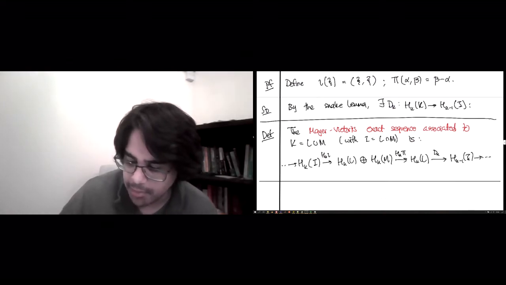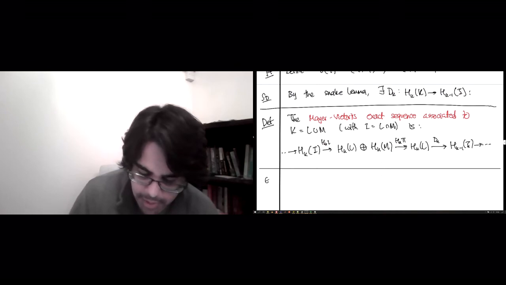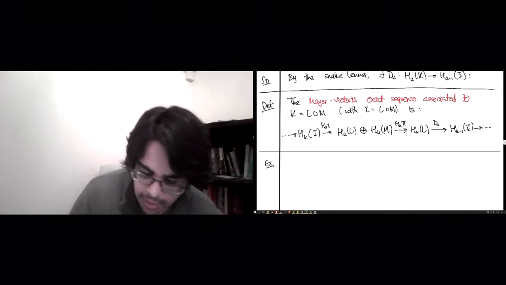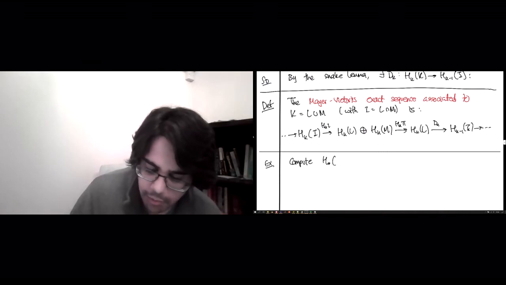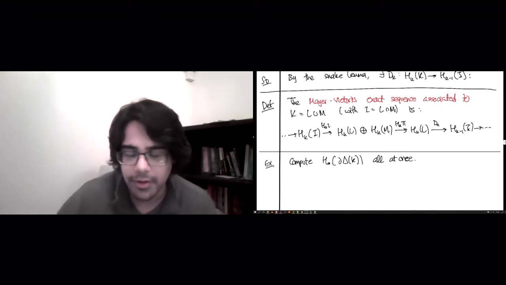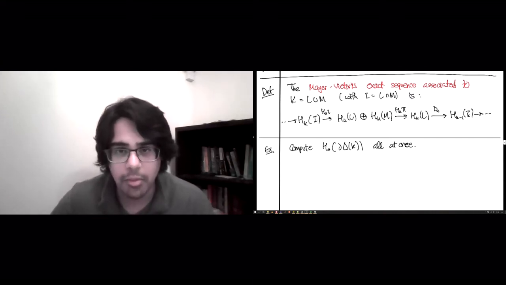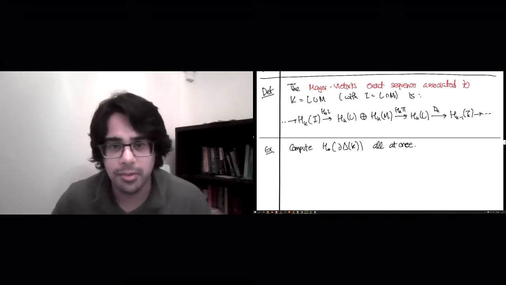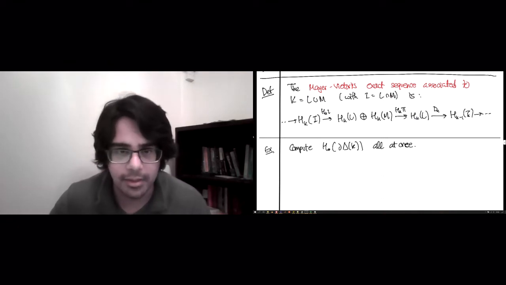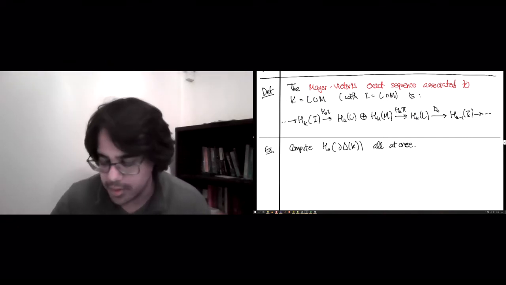And my favorite example of this, which is written up in the notes nicely, so you should take a look, is that you can simultaneously compute the homology groups of the hollow simplices, all of them at once, which is sort of amazing, right? We're doing an infinite amount of work at once by computing all the homology groups of all the hollow simplices across all possible k in homological dimension i at once.